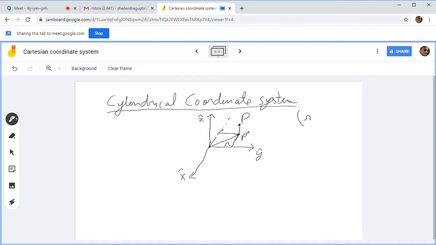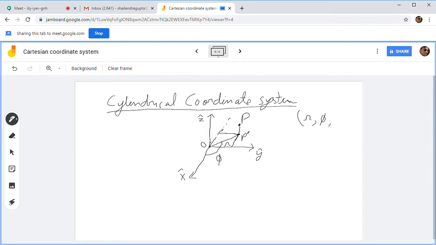The second coordinate is theta, or I feel it is phi. Let me call it phi here, and then we will see how it could be. So what is this phi? Phi is the angle of this vector OP dash with your x. This is your phi.